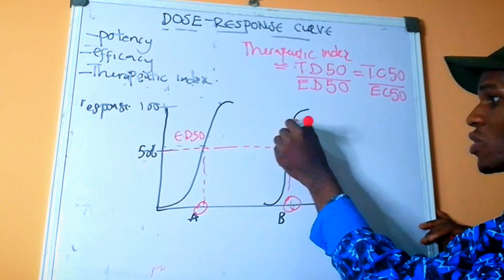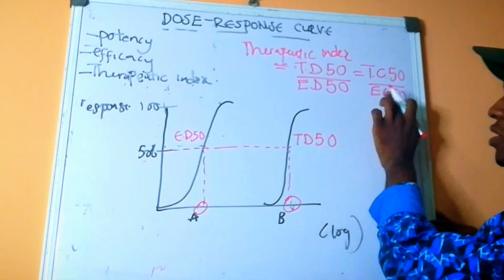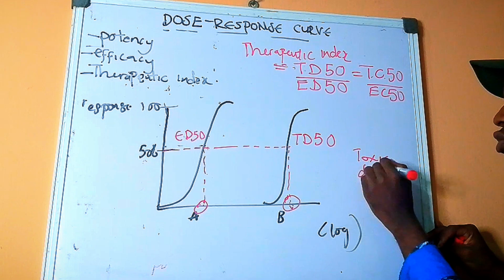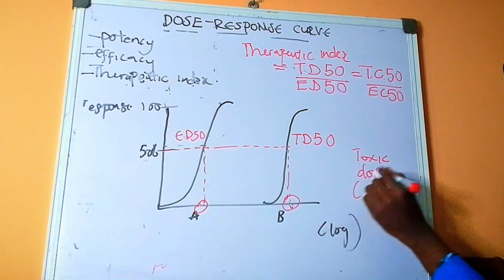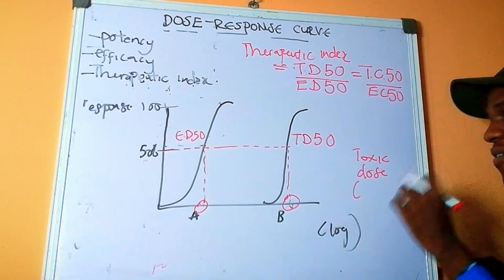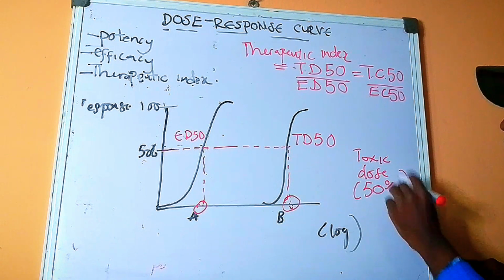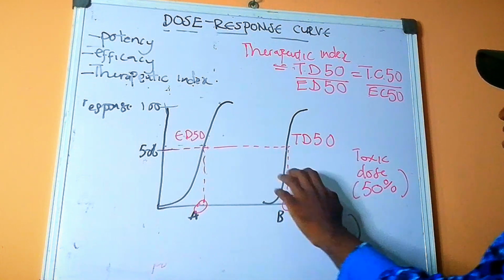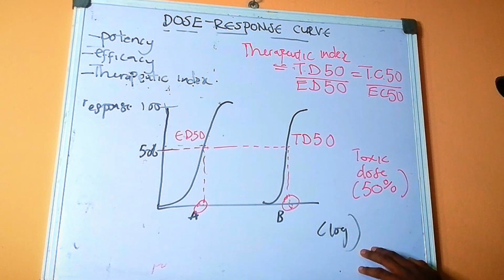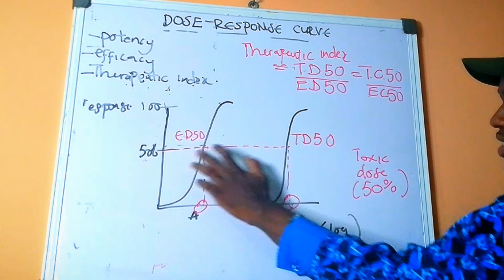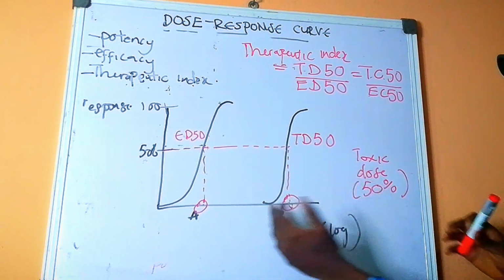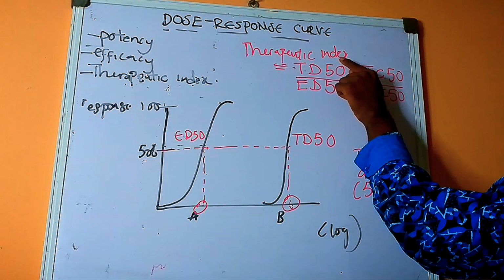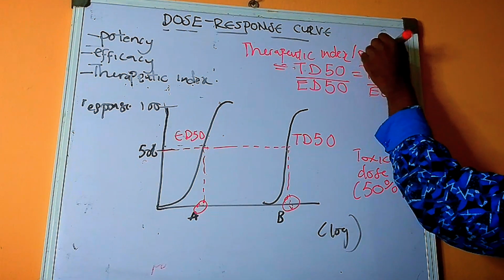I call this higher dose TD50 or TC50, toxic dose that can produce toxic or lethal effect in 50% of the population. As you can see, we have ED50 and TD50. So the ratio between TD50 and ED50 gives us our therapeutic index or therapeutic ratio formula.